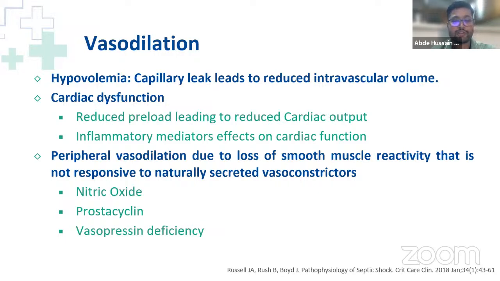The inflammatory mediators also have effects on the cardiac function, and we can see cardiomyopathies developing. The peripheral vasodilation occurs due to loss of smooth muscle reactivity that is not responsive to naturally secreted vasoconstrictors. These vasodilators are nitric oxide, prostacyclin, and in subsequent stages, vasopressin deficiency can ensue.